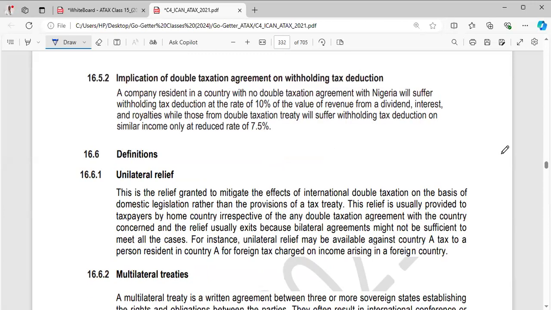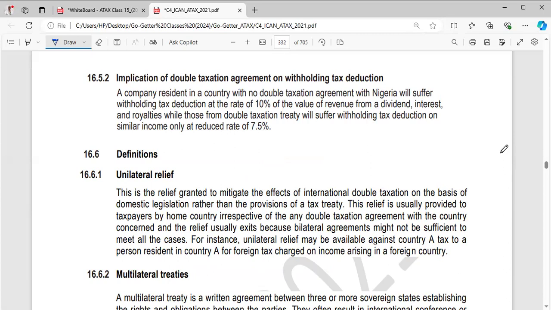The implication of double taxation agreement on withholding tax deduction. What is the implication of double taxation agreement? A company resident in a country with no double taxation agreement with Nigeria.